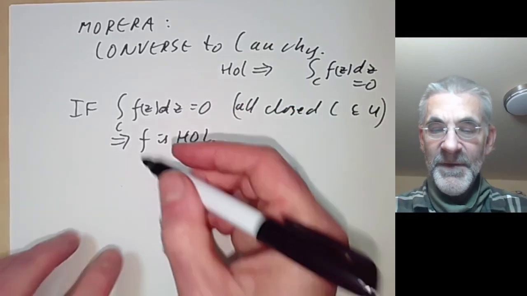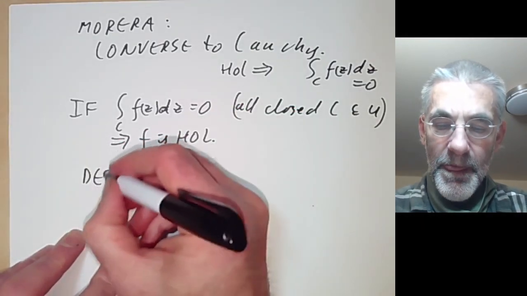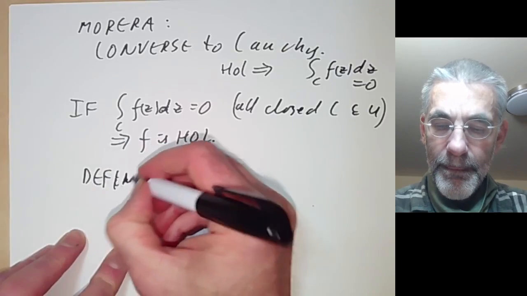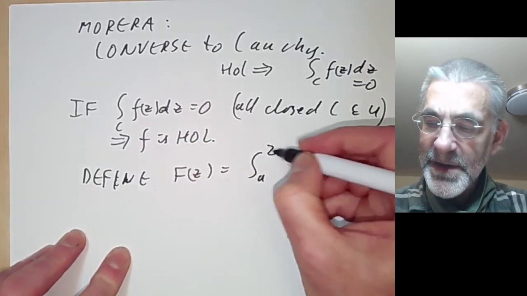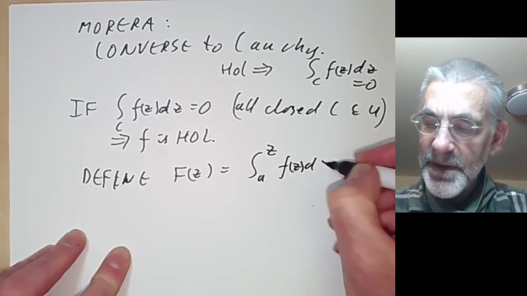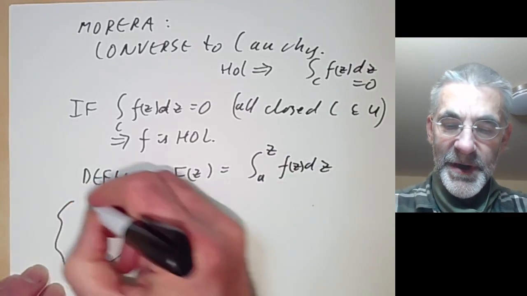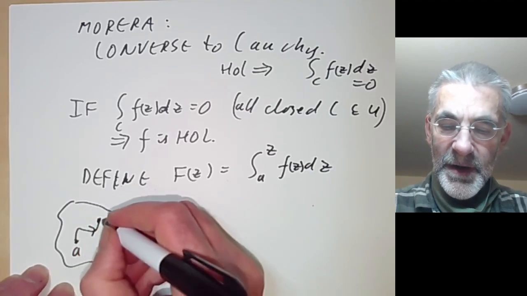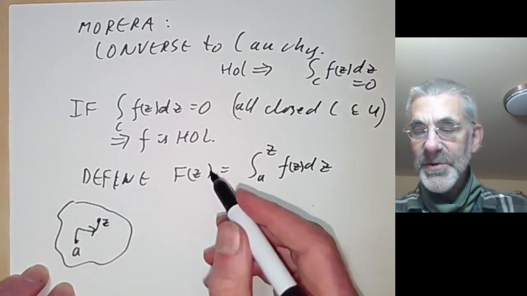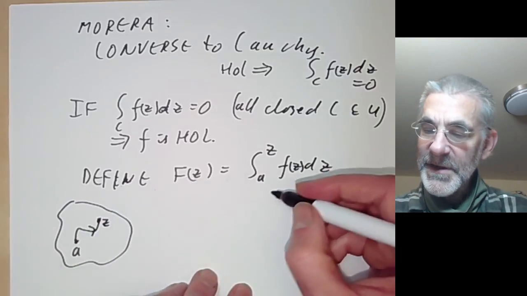And the proof is very short. We define big F of z to be the integral from a to z of f of z dz. So we've got this region here. We're fixing a point a, and we're just integrating to a point z and using that to define F. And notice this is well defined.